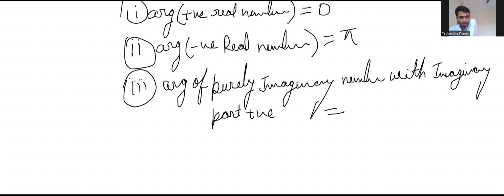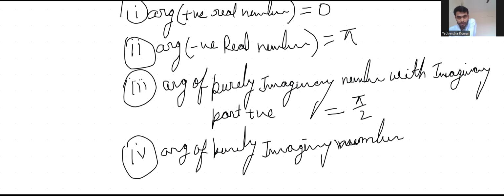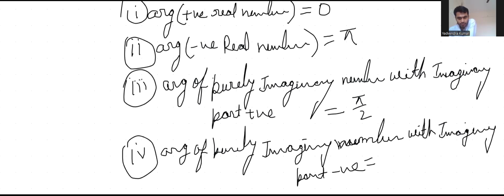And similarly, argument of a purely imaginary number with imaginary part negative, and this is minus pi by 2.